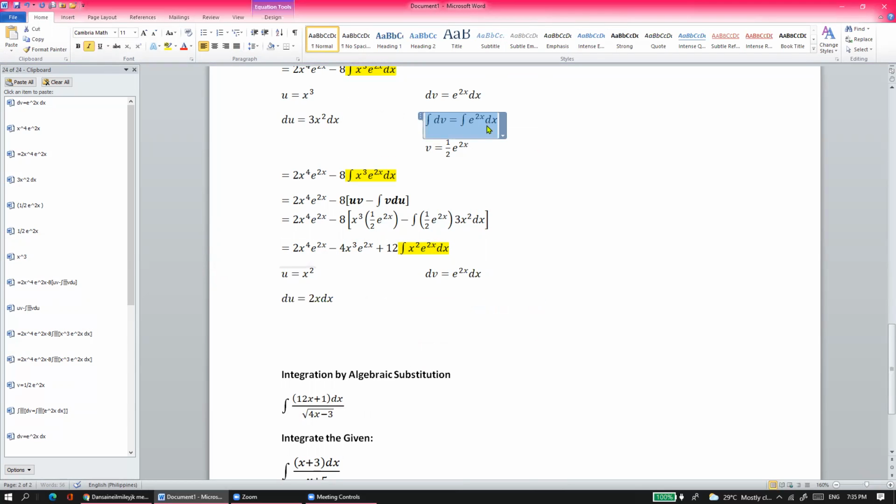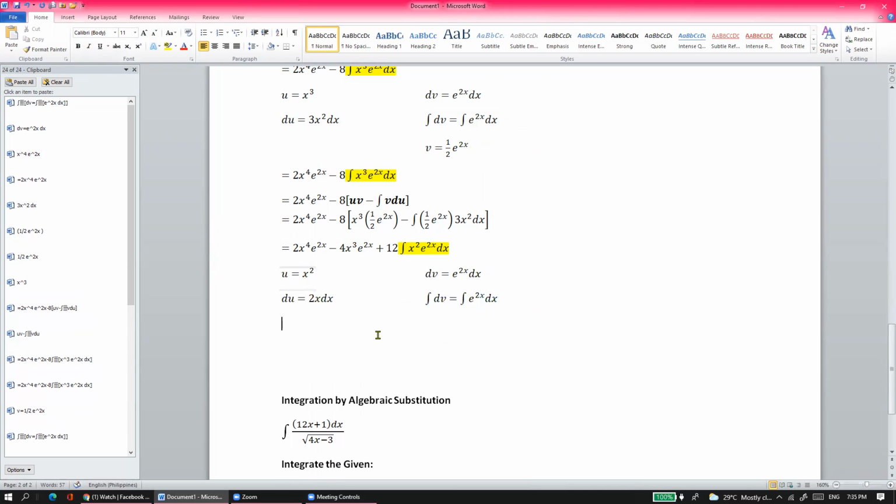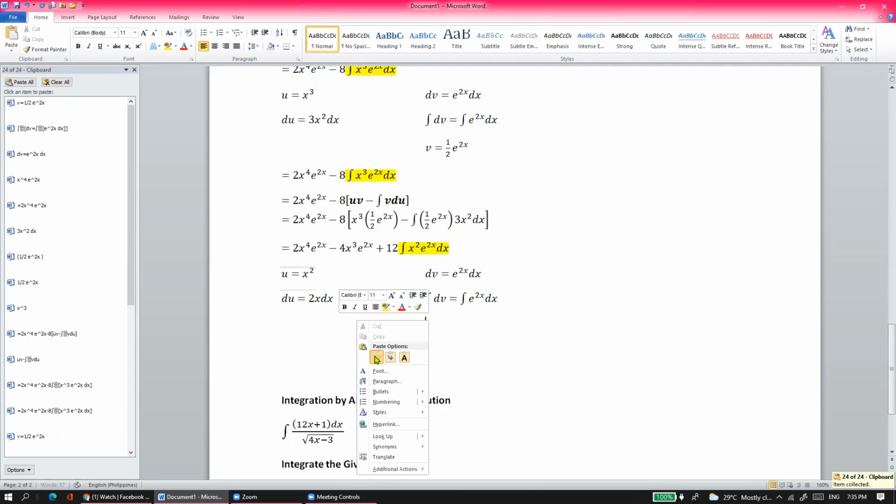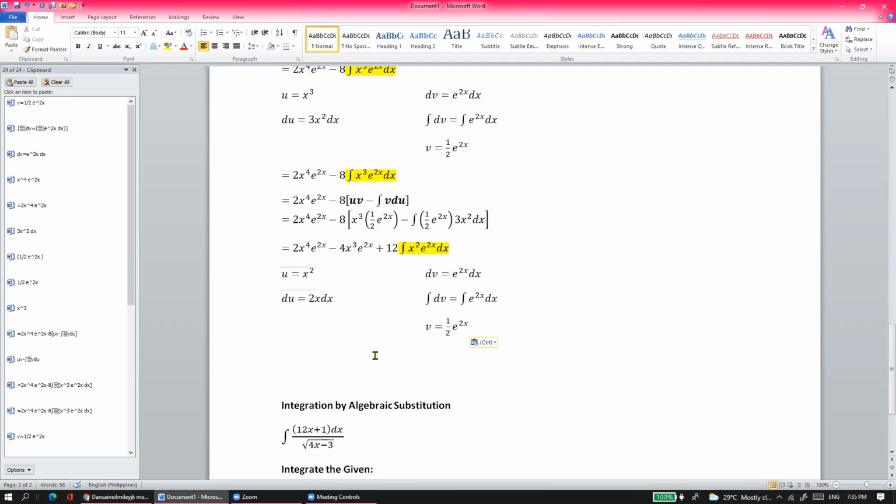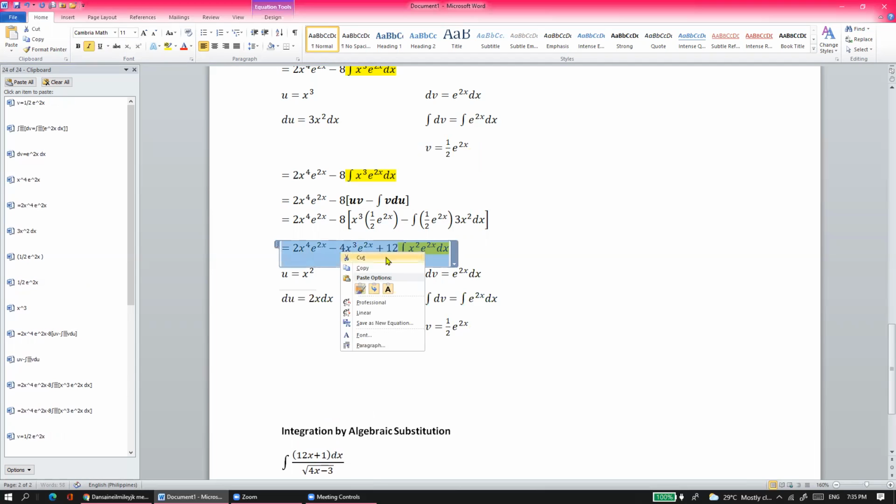Then also this, copy. And paste ko lang. And then b is equals to 1 half e to the 2x pa rin siya. Di naman mababago yan. That's it. Then adapt ko ulit yung given natin, yung previous computation natin.